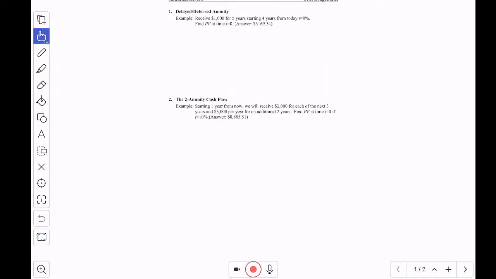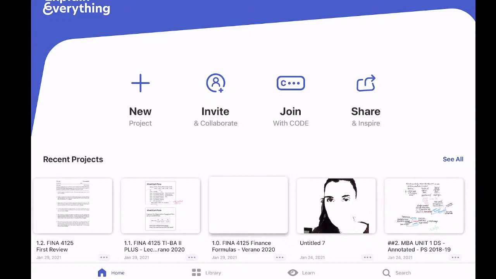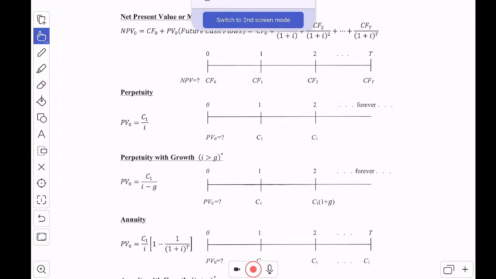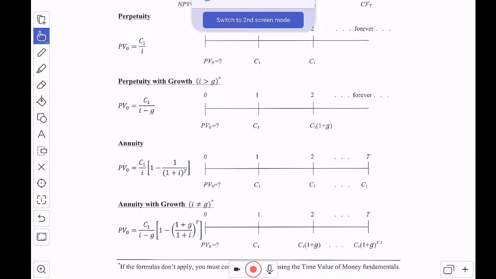We're going to be focused on annuities, perpetuities, and I guess finishing the formula sheet. So we have perpetuity with growth, and annuity. We're going to cover those next class. So any questions?